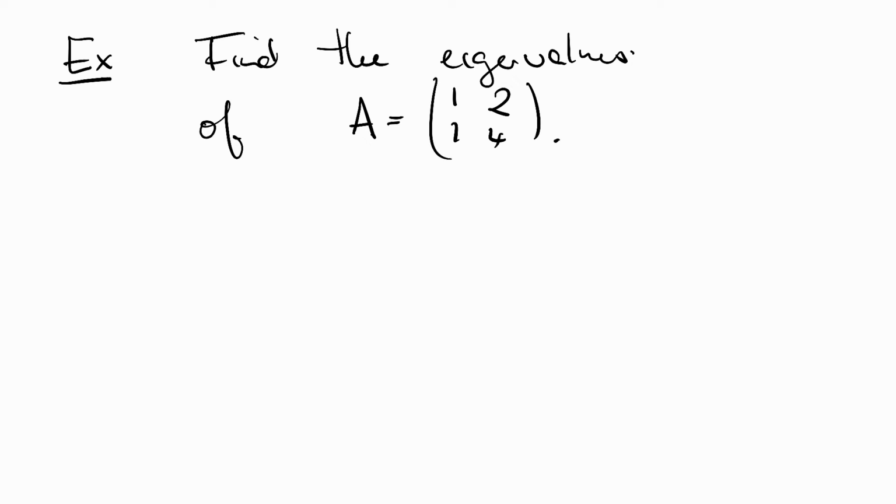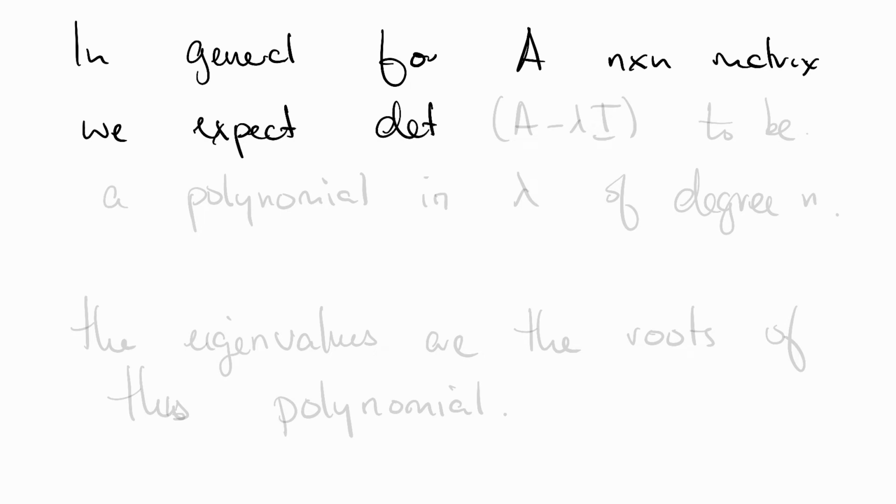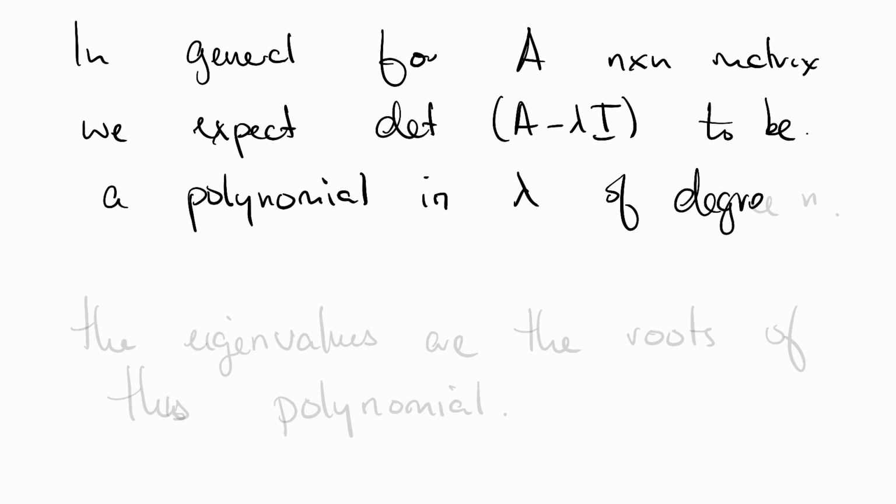In general, for an n by n matrix A, we expect the determinant of A minus lambda I to be a polynomial in lambda of degree n.